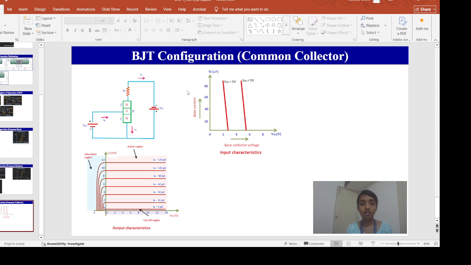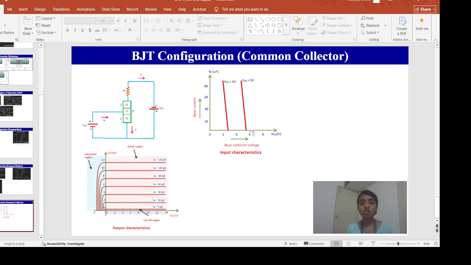If I draw the input characteristics, I will draw input current versus input voltage for different values of the output voltage. So it will be IB, which is in microamps, and we have already seen the reason why. IB versus VBC for different values of VEC, the output voltage.